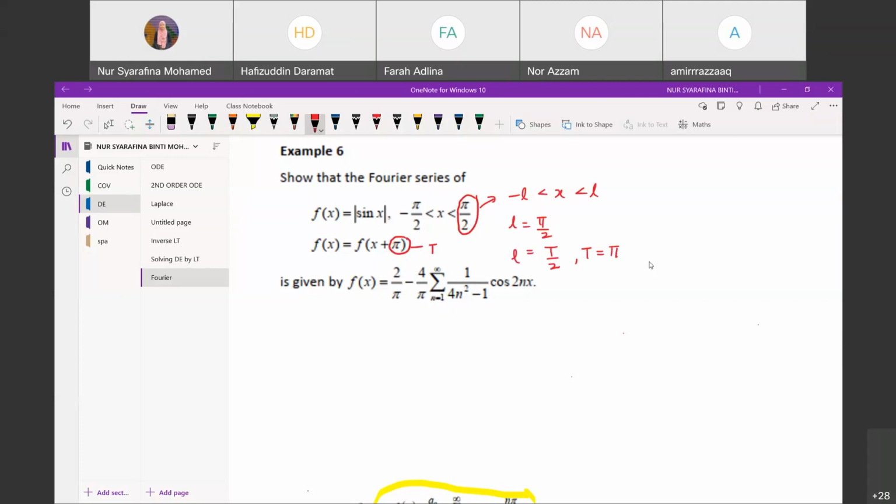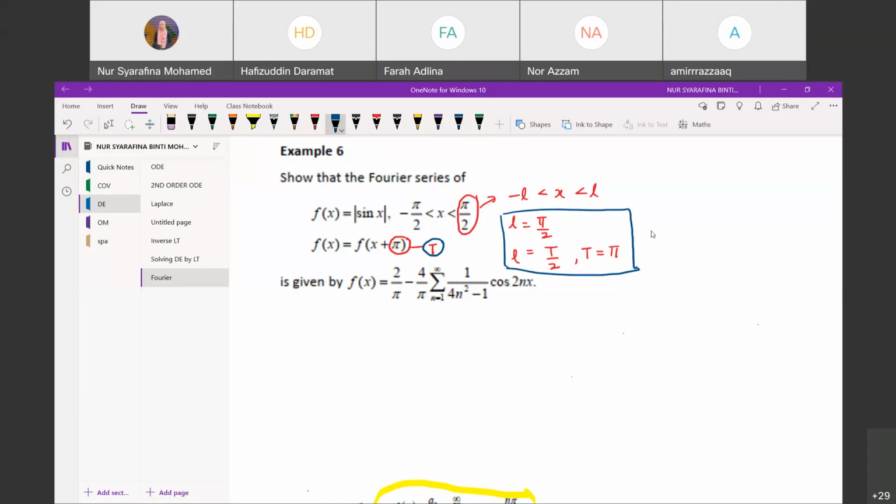For the case where T is not given, you can find the value of T from the value of L, where L equals T over 2.